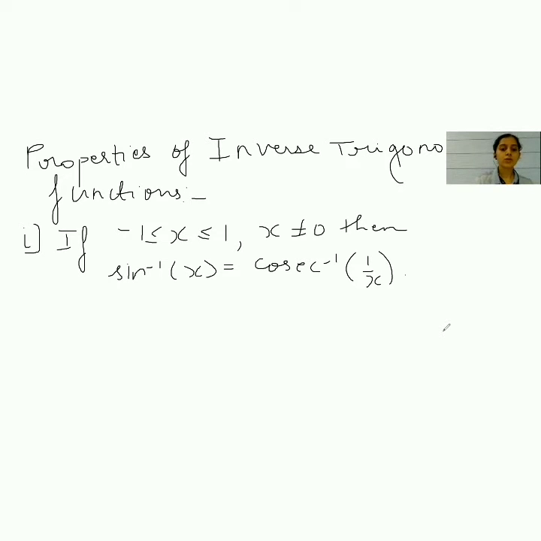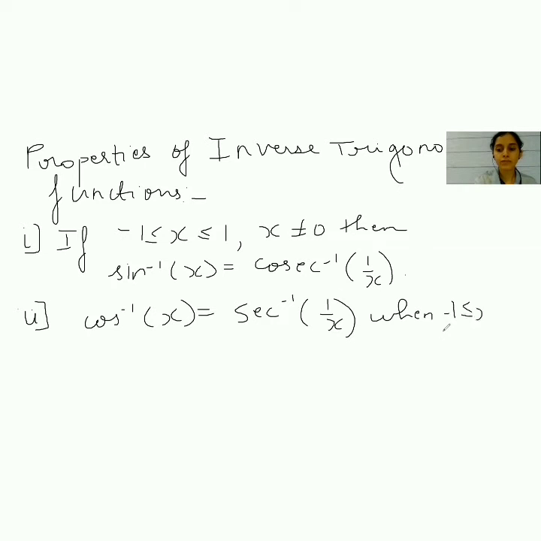This is the property for sine and cosec. Similarly, we can write it for cos. So cos inverse of x is equal to sec inverse of 1 upon x, when x lies between minus 1 and 1 and x is not equal to 0.